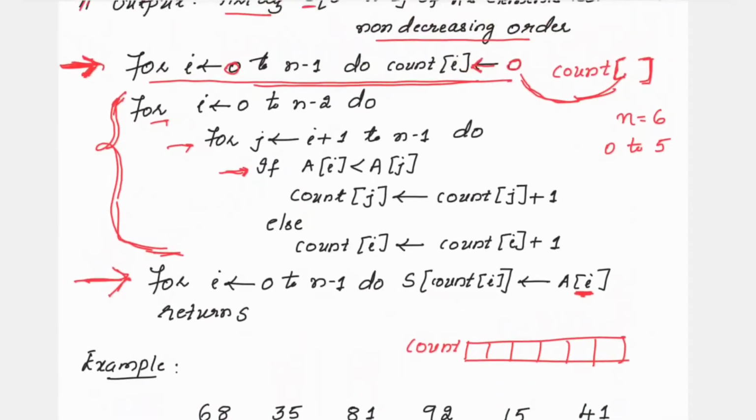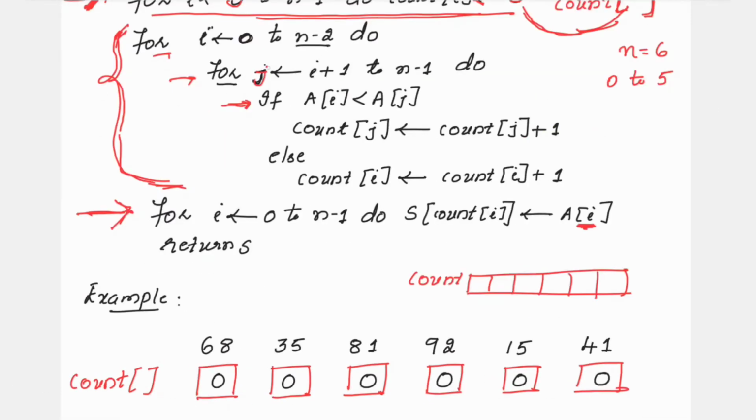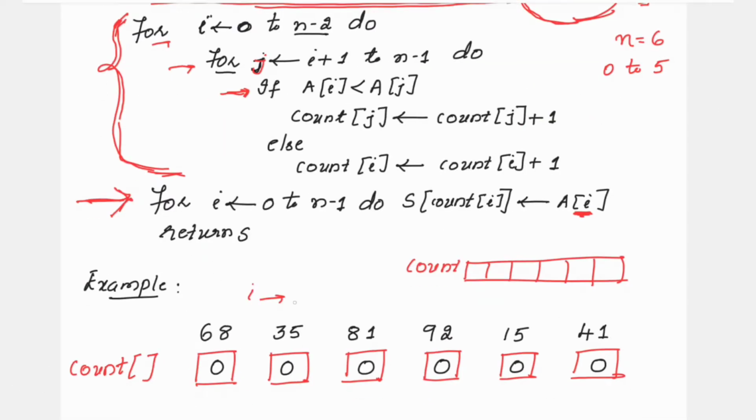Now the algorithm says for i equal to 0 to n minus 2. The variable i is used to keep track of all the elements here, and there is one inner for loop j. The j variable keeps track of the comparisons done for each element. As per the pseudocode, i operates from 0 to n minus 2 and j from i plus 1 to n minus 1.